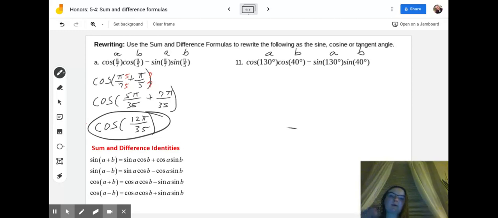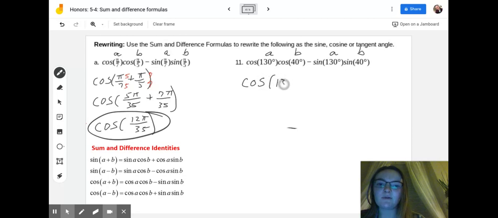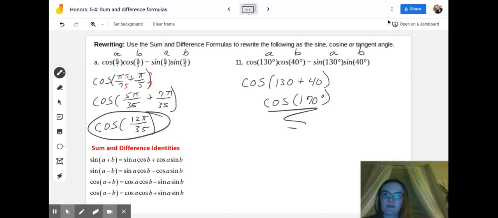Sorry, that's such a boring answer, but let's do that. This is the same as cosine of A, which is 130, plus B, which is 40, which is the cosine of 170. Hopefully this is too easy for us and we need to keep going.